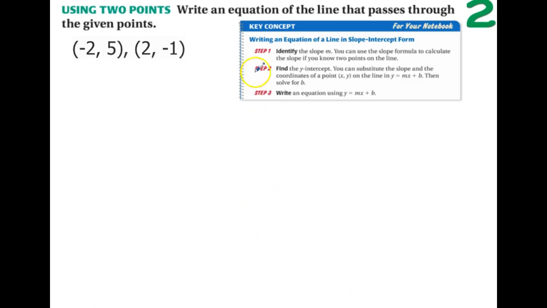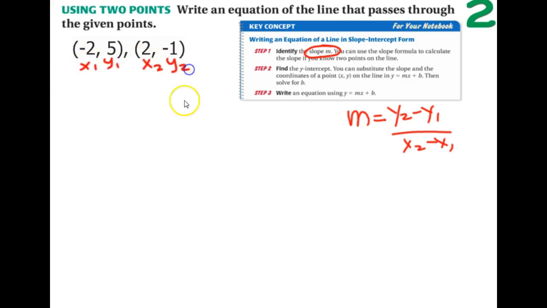But this one, they don't give us our slope. First, we need to identify our slope. So in this case, we need to use our slope formula. So I'm going to label my points. X, y, that's my first point, second point, and plug them into my equation. So we have y2 minus y1, so -1 minus 5.